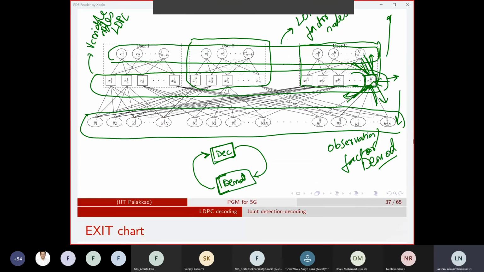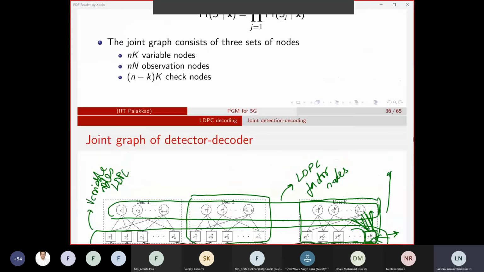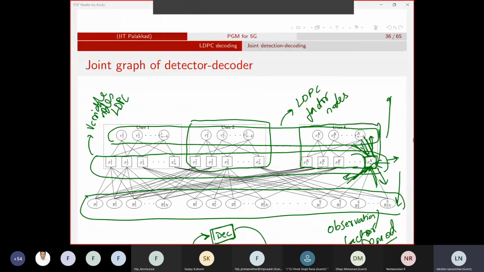Now this is a tripartite graph. Earlier we had a bipartite graph. Even though this is a tripartite graph, we consider these two sets to be factor nodes and the remaining one a variable node. And whatever rule we saw earlier, we use the same rule to compute the messages from factor nodes to variable nodes.